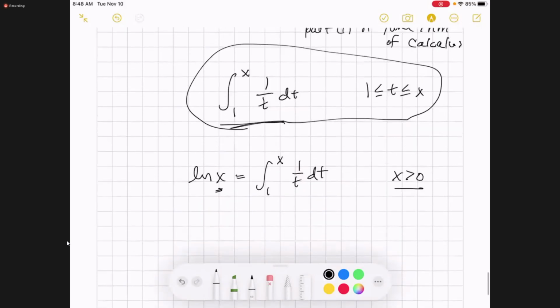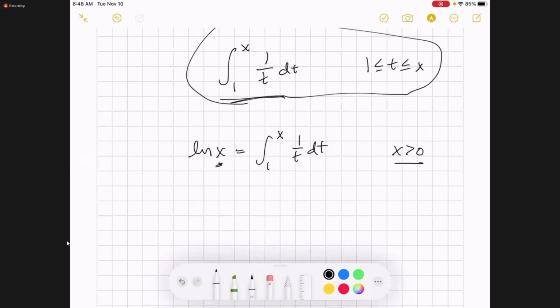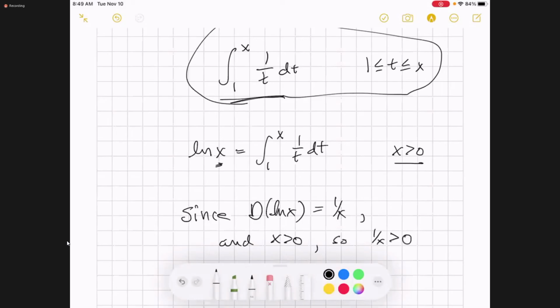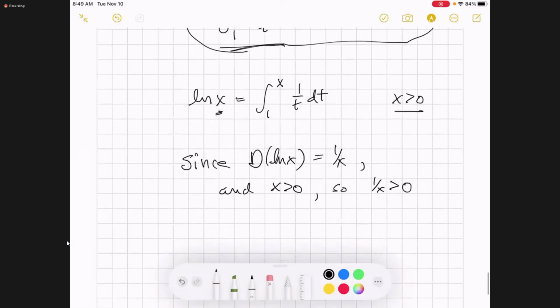Since the derivative of this new function is 1 over x, and x is greater than 0, 1 over x is also greater than 0.